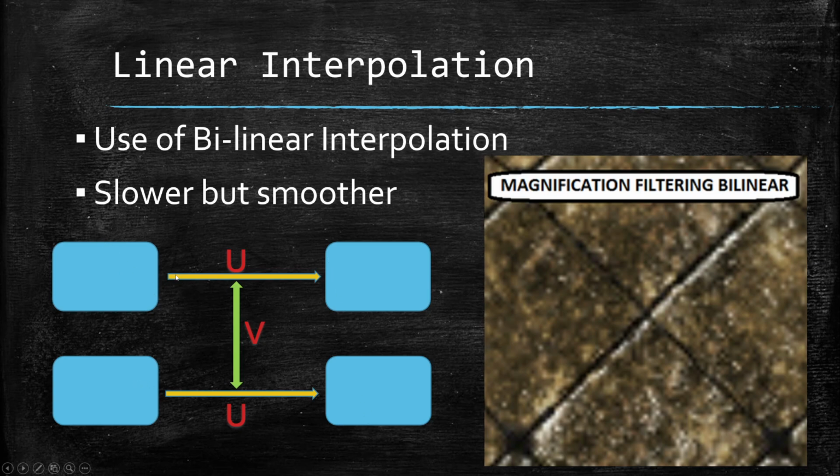And then we figure out where it fits horizontally, and so that gives us the U value. And then the V value is done wherever the point fits, somewhere in between there. So the U value is interpolated and the V value is interpolated, and this produces something that looks a lot better. It's slower, but it's smoother.